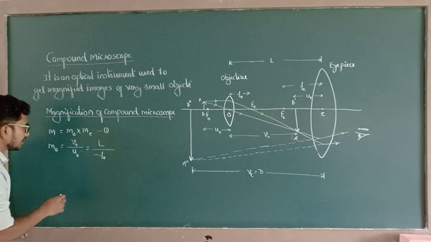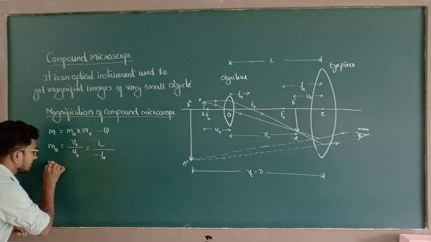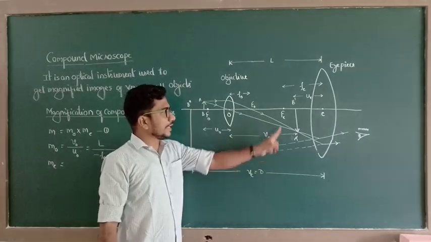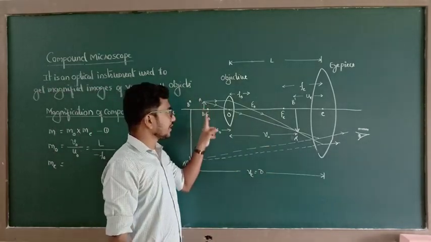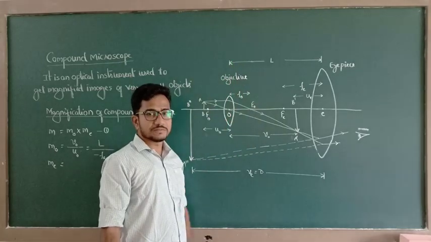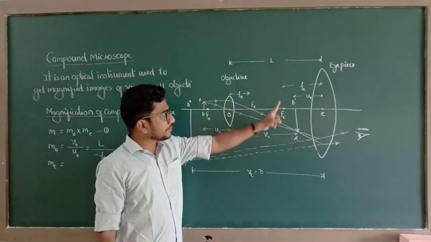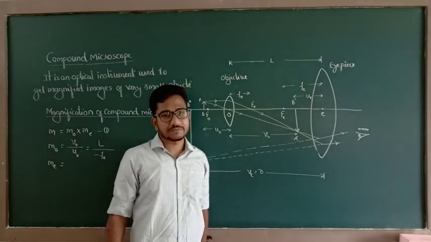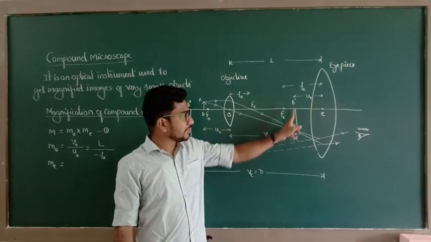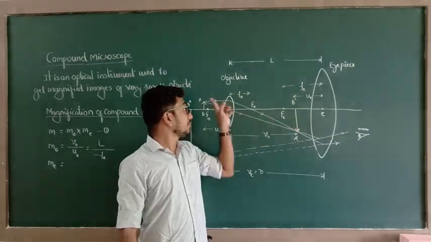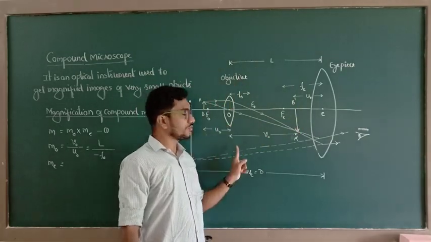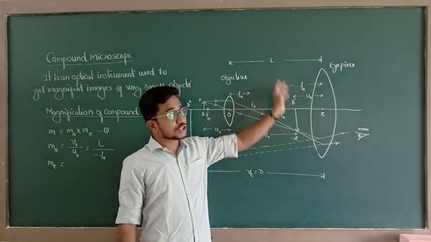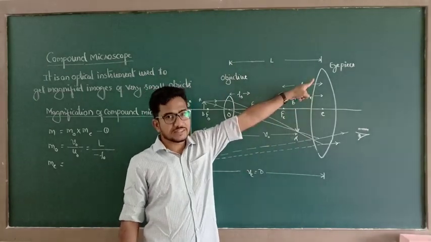Next, the magnification of the eyepiece. See here, A dash B dash is the image of AB with respect to the objective, but A dash B dash acts as the object for the eyepiece.